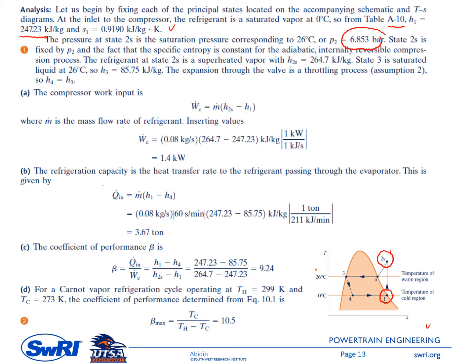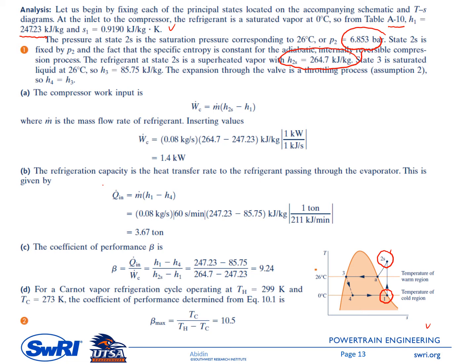Because the pressure number is not a good number, and the entropy number is also not a unique number there. Once you complete the interpolation, you will get H2s of 264.7.